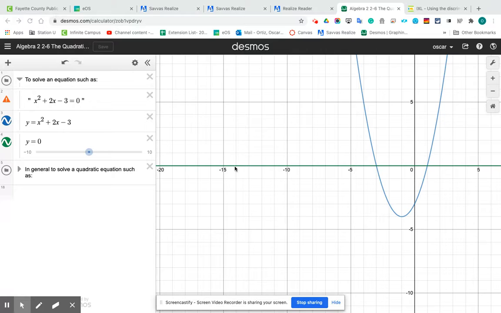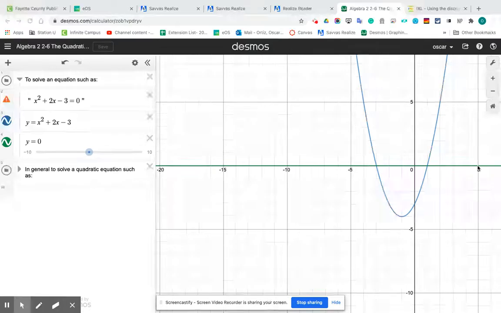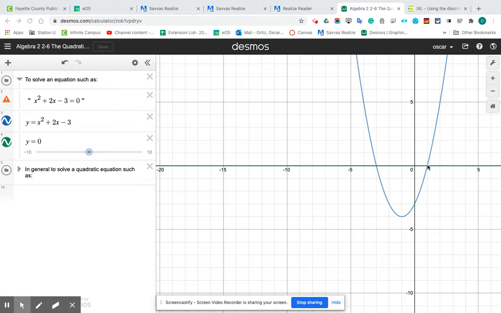So when we do that, the graph in blue here is a parabola, this curve right here, and the y equals 0 is nothing else but the x-axis, the collection of all the points for which the y coordinate is 0. And if we just click here on Desmos, Desmos will tell us what x values.